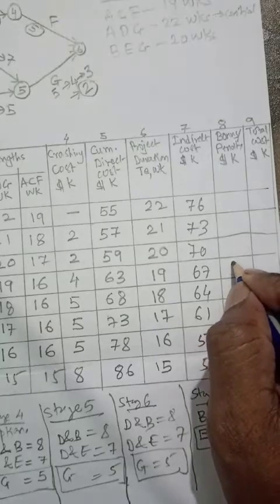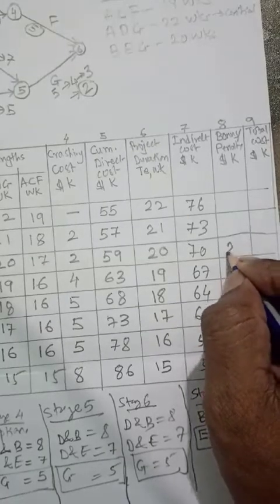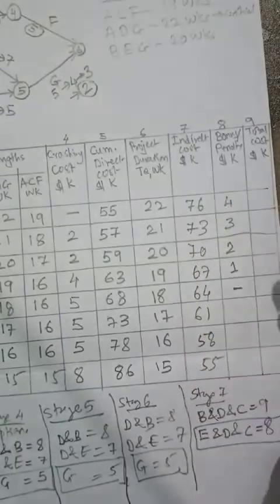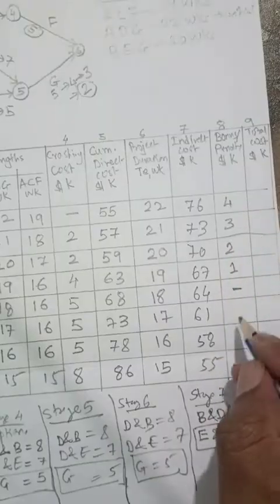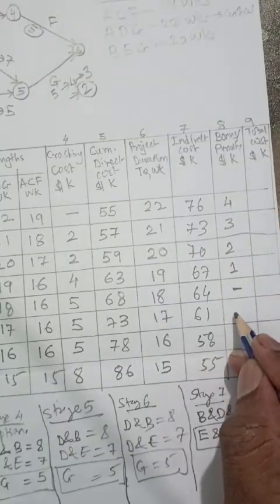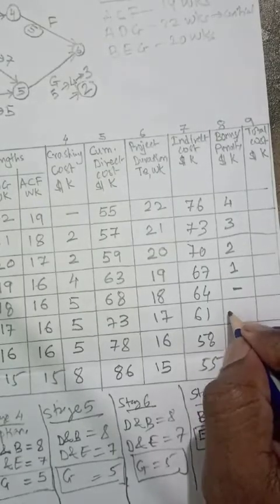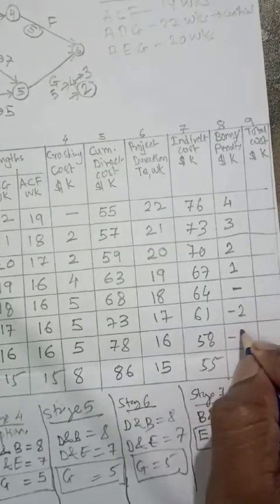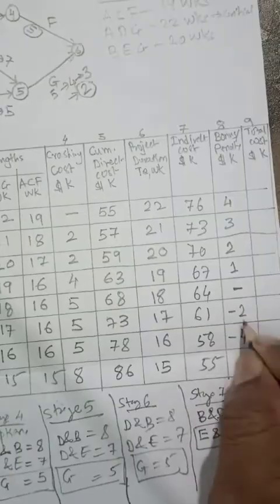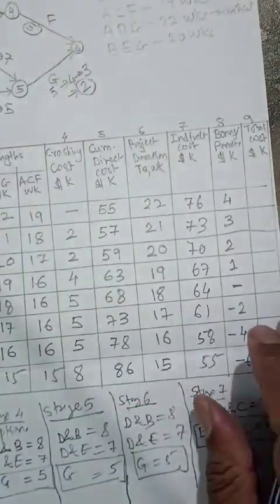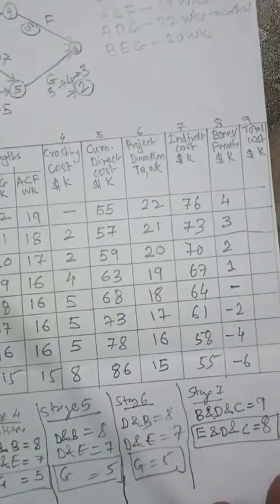So I will add here 1, for 2 weeks, 2, 3 and 4. This will be an additional penalty on you, but here you are going to earn a bonus, and that too 2000 per week. So I will write -2, -4, -6. Why am I writing minus? Because when I earn something, my total cost, we are calculating costs only, is going to go down.